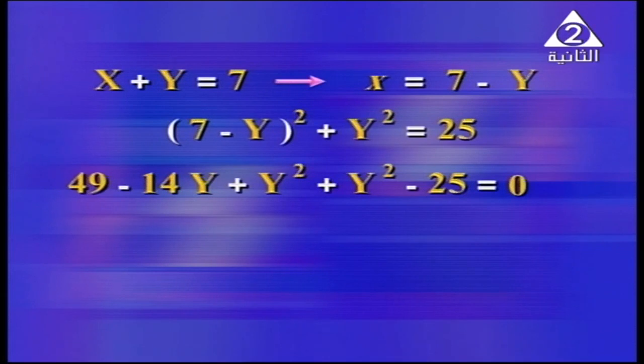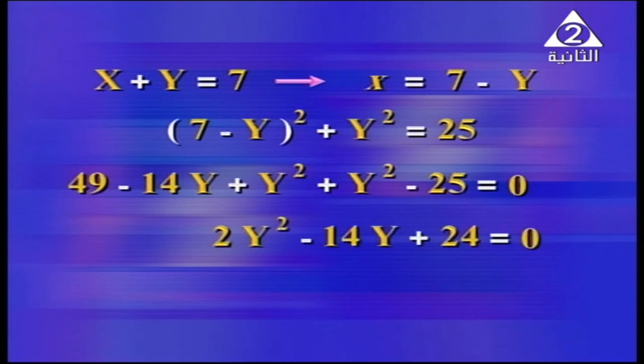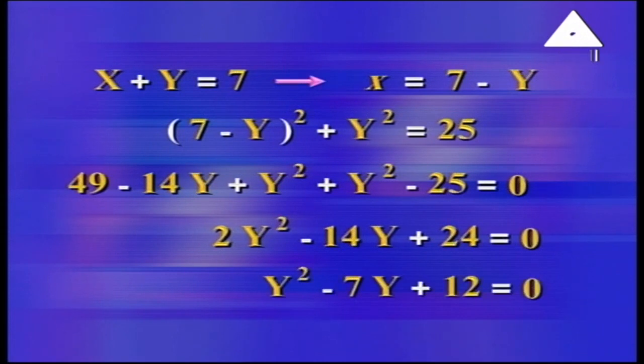By collecting like terms, you are going to find that 2y to the power of 2 minus 14y plus 24 equals 0. And you are going to notice that all the equation can be divided by 2 to obtain an equation as y to the power of 2 minus 7y plus 12 equals 0.